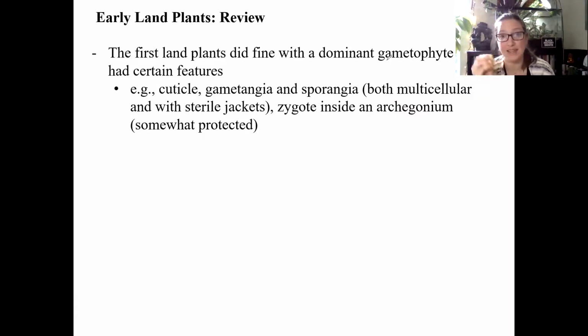And the other thing they had is, because their archegonium is now multicellular, once you have the fusion of egg and sperm, the zygote is better protected than it was before, because now the zygote develops inside of that multicellular gametangia, in this case, an archegonium. So these are things that the first land plants had that allowed them to survive on land.